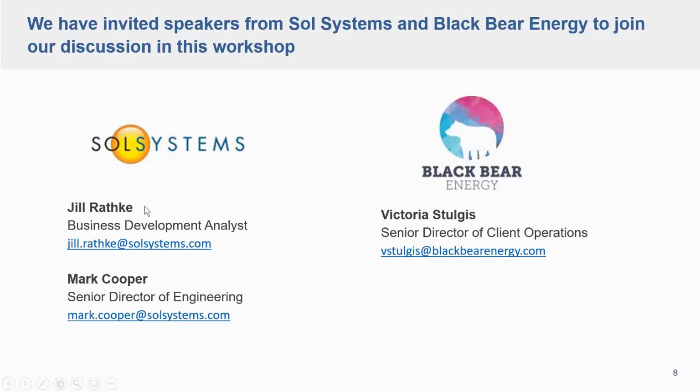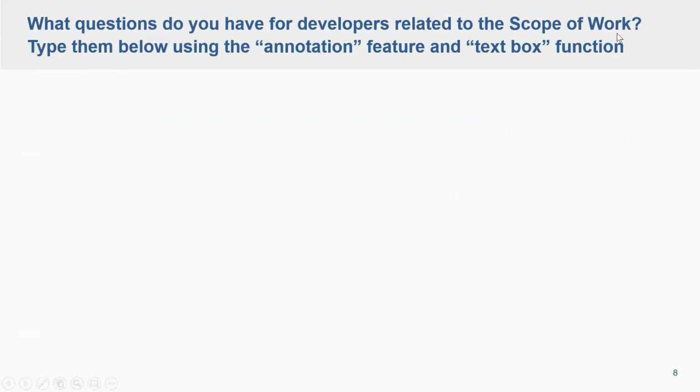So now, before we get into the actual Q&A, I thought it would be helpful to do something a little bit different, to actually have the participants on this call type their questions onto the screen using this annotation feature we've been using in the last couple sections to get a sense of where the energy in the room is around certain questions, so we don't get too bogged down on a question that maybe not everyone is interested in. So a little bit of democracy of questions that people have.